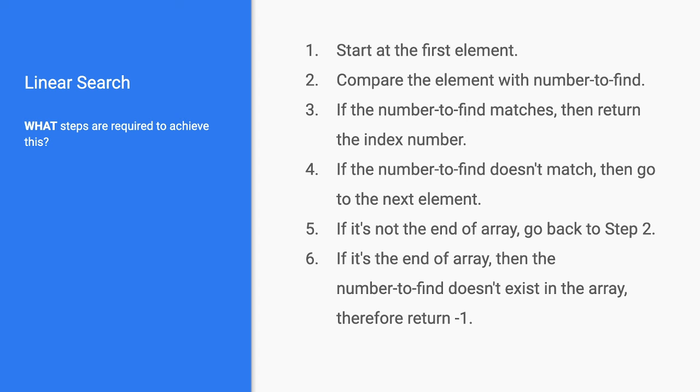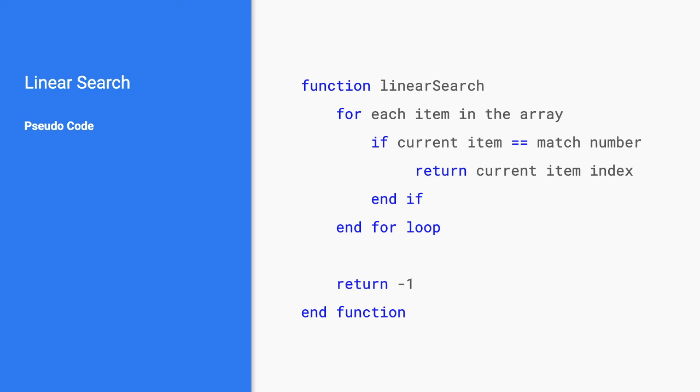Before we start coding, let's look at the pseudocode and see what we need. I'm going to have a method that will get an array as an input. Next, I'm going to loop through the array by using a for loop. For each element of the array, I'm going to compare the current element with the number to find by using an if statement.